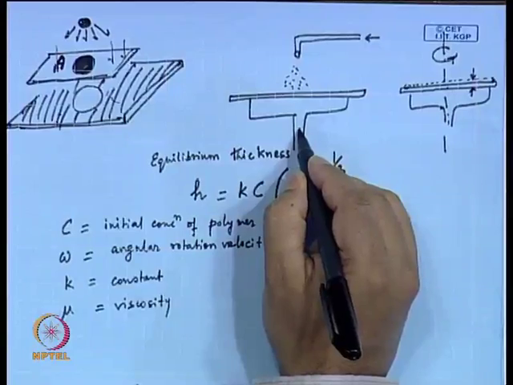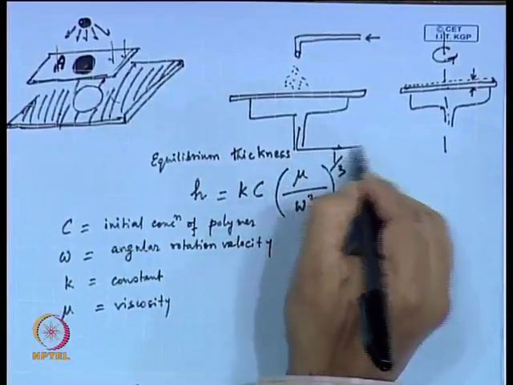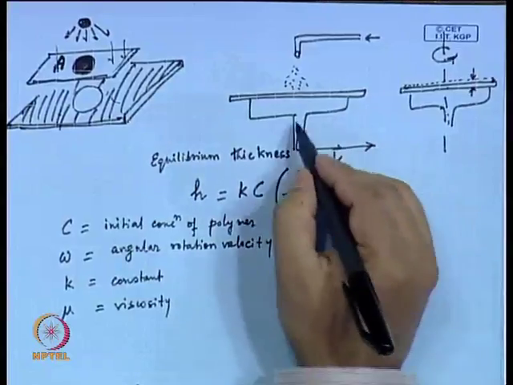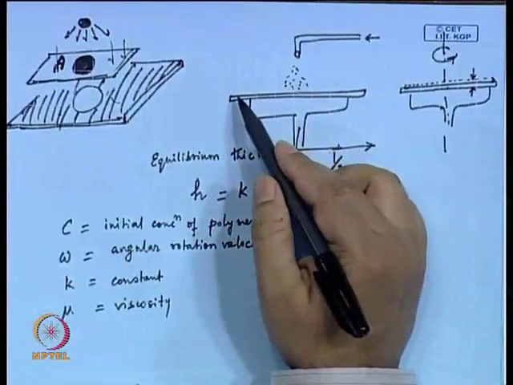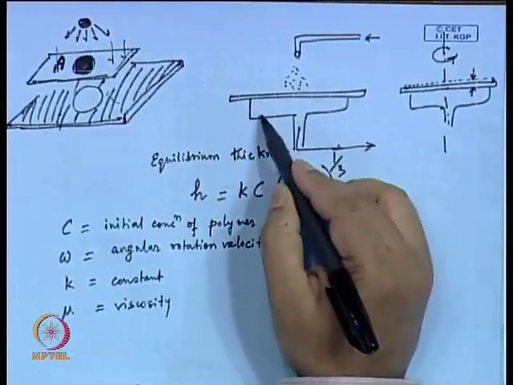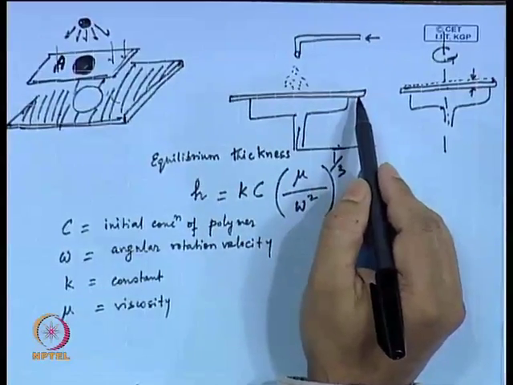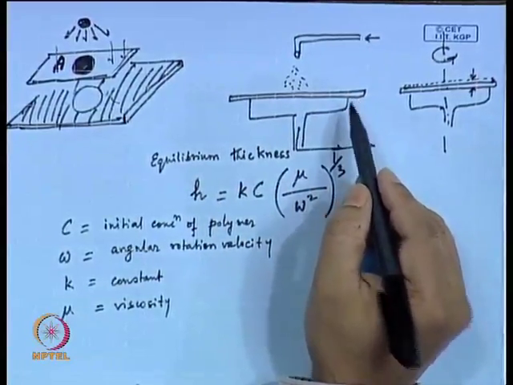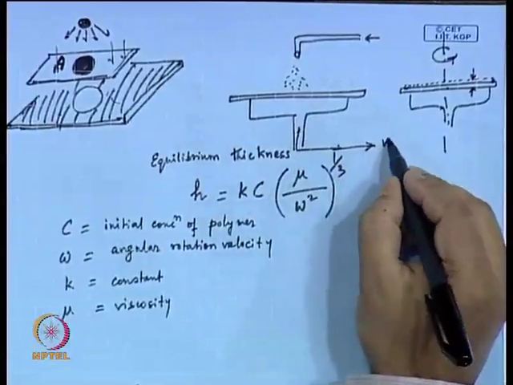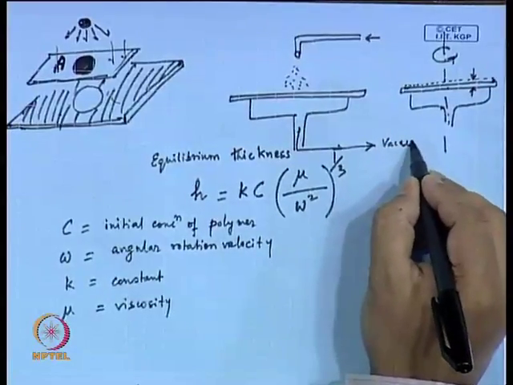This part is connected to a vacuum pump. So, this place is under vacuum, and outside it is atmospheric pressure. So, if you create vacuum, you can hold this wafer in place. All right. So, this part is connected to a vacuum pump.